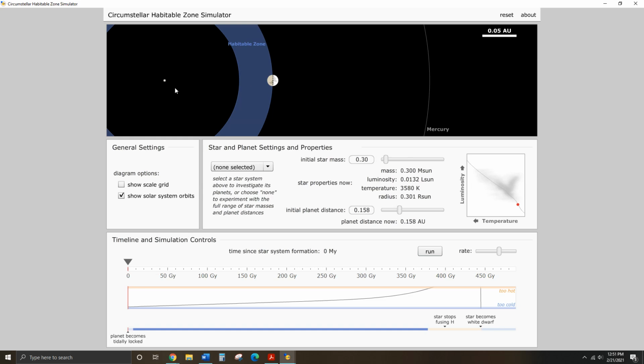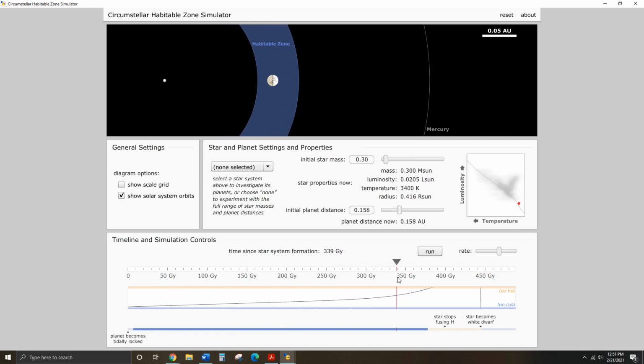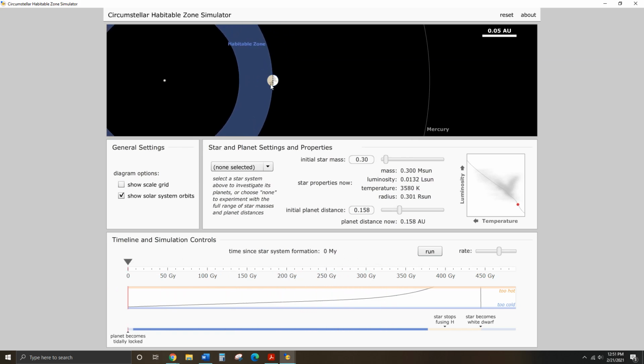So if we've got our CHZ right here, notice what happens over time. As I advance time forwards, watch the CHZ. That migrates outwards because that star starts putting out more energy. So by putting it right at the fringe here, we are giving ourselves as much time as possible. The CHZ is allowed to go over the planet if it stays in a stationary orbit.